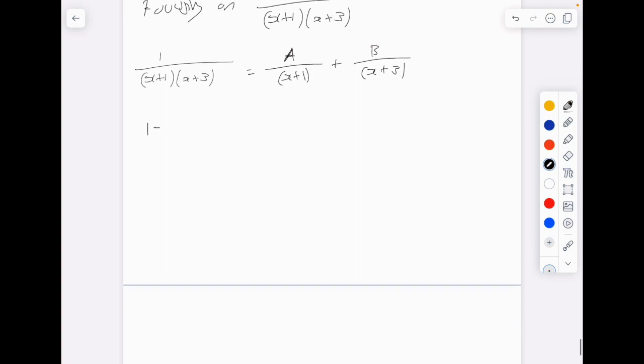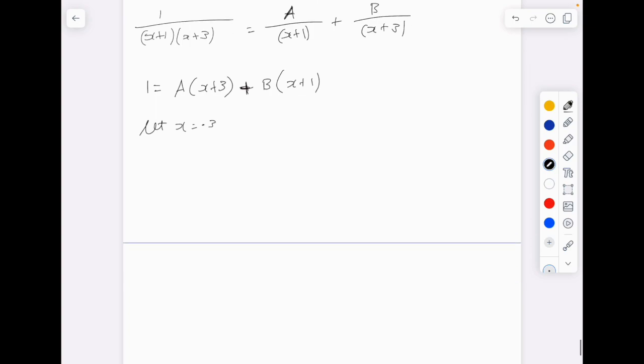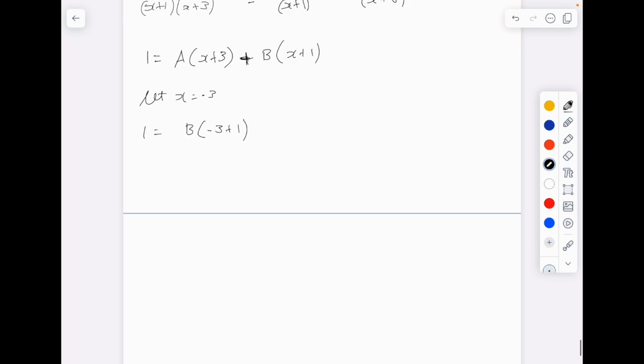Okay, so therefore 1 is equal to a plus b. I can therefore say that from here, so if I let x equal minus 3, so therefore 1 is equal to b times minus 3 plus 1. Right, and so 1 is going to equal minus 2b, b is equal to minus a half.